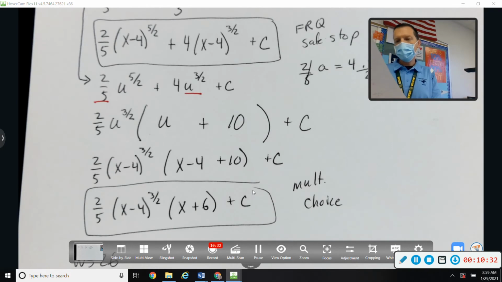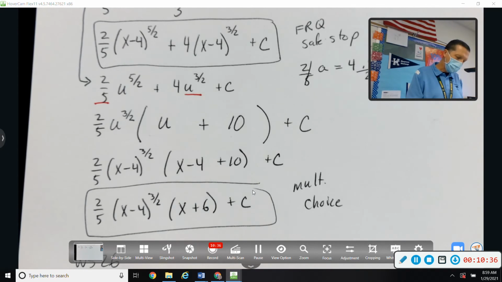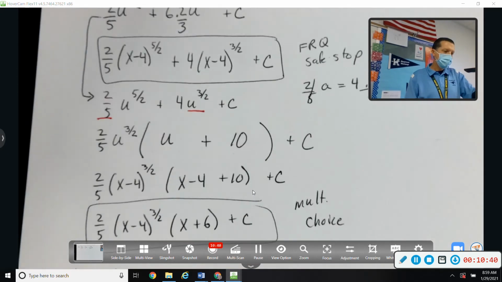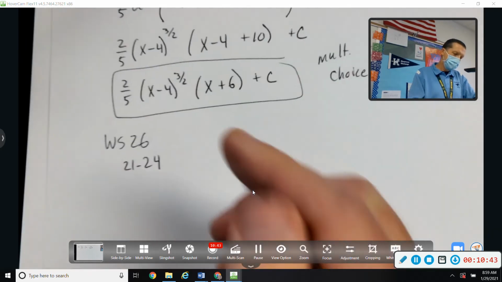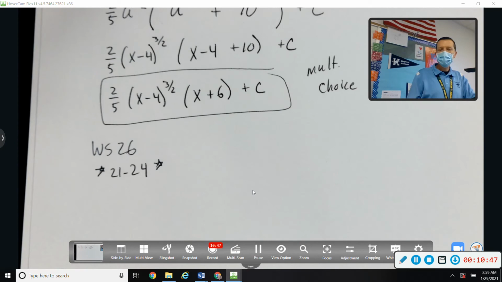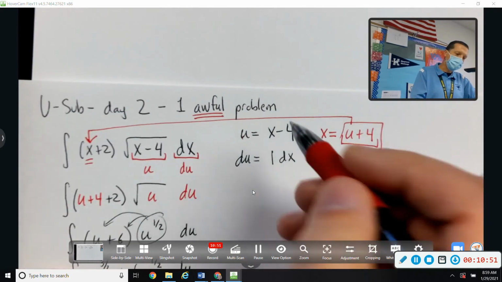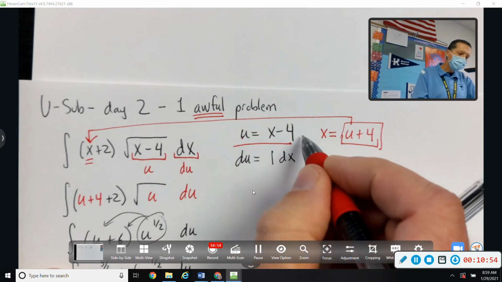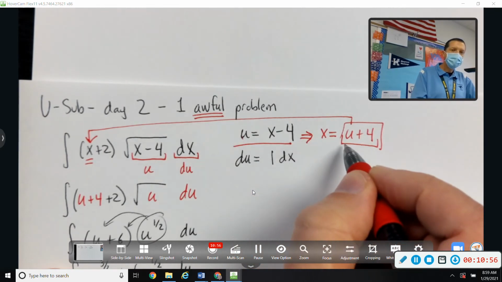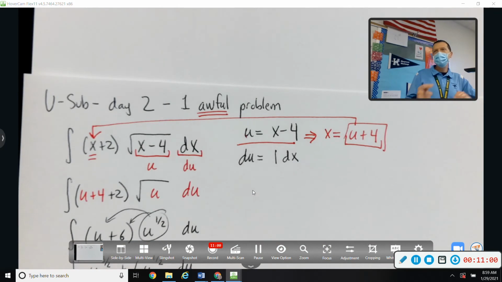So your assignment is worksheet 26, but 21 to 24 are I don't know how to phrase those type of problems. It's where you have to sort of double back and use that. Once you've set what u is, then you got to tell me what x is, so that you can finish the problem. So it's u substitution, but then it's x substitution to get the rest into u's.